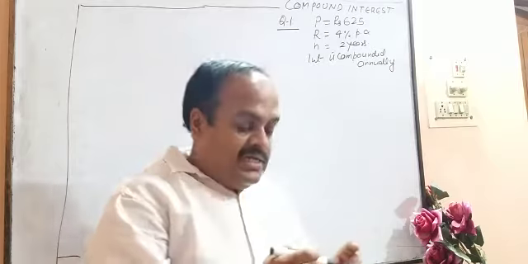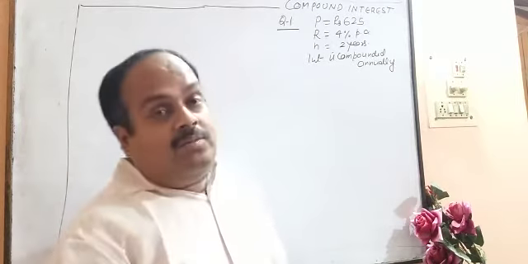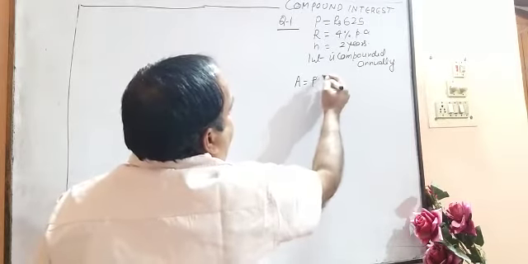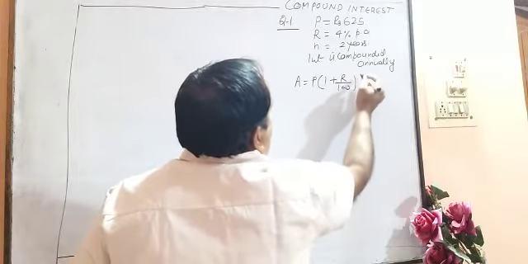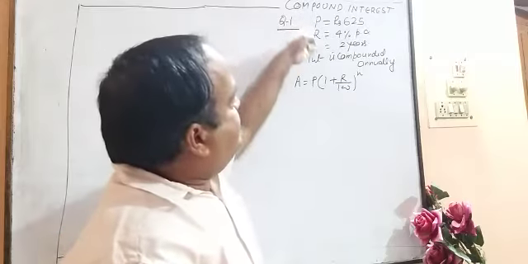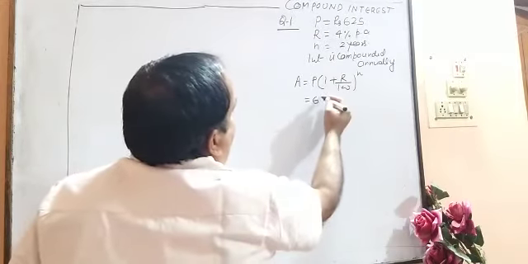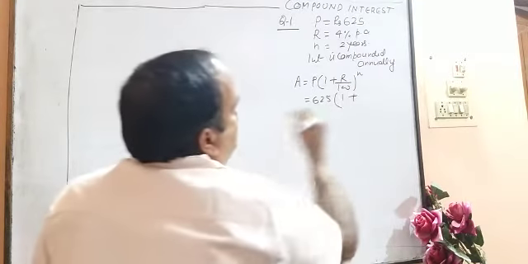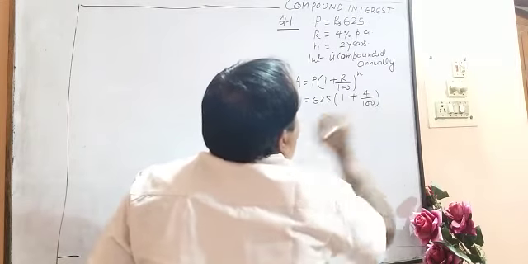Since the interest is compounded annually, the formula for the amount will be A is equal to P into (1 plus R by 100) to the power n. Let us substitute these three values. 625 into (1 plus 4 by 100) to the power 2.